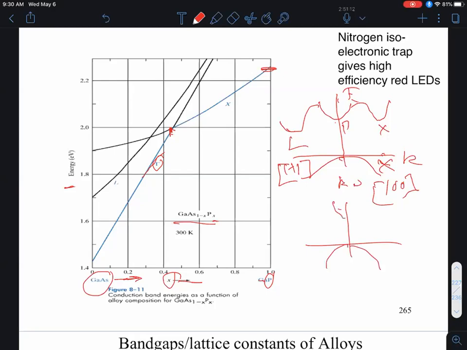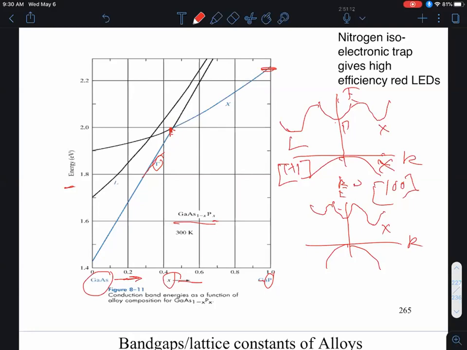The minimum is no longer at gamma, but becomes X. And of course, if it's X, is it direct or indirect? Anybody? Indirect. And as such, the light output efficiency would be terrible. So people were in a bind.